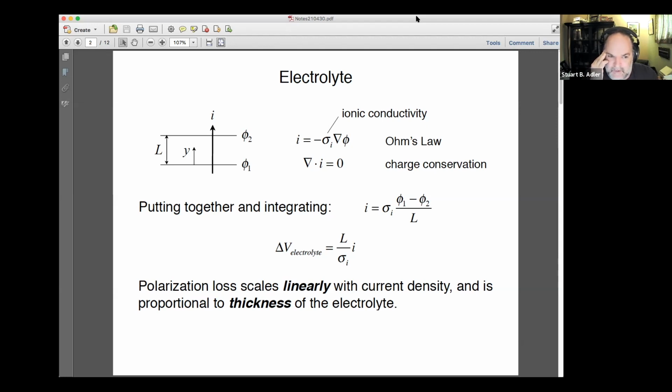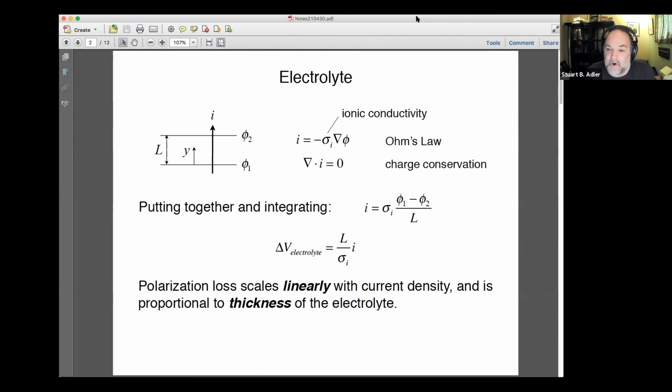Over a certain thickness of electrolyte, if we set up a potential gradient where phi is greater in one area and lower in another, that's going to create a driving force for whatever mobile charges you have in the system to move. In this case, if we're talking about SOFC, it would be an O2 minus ion. If we were talking about a PEM FC, then it would be a proton.